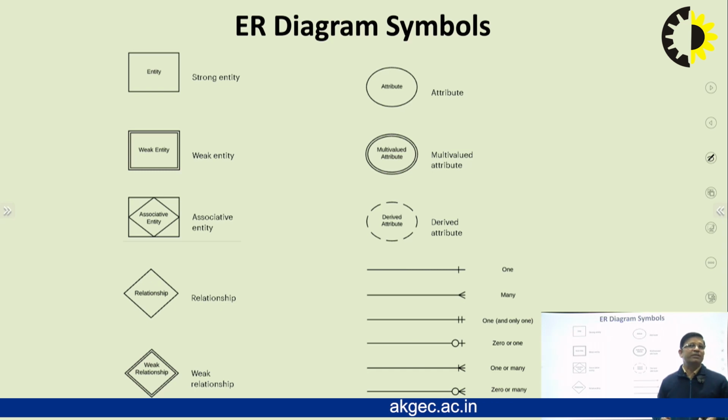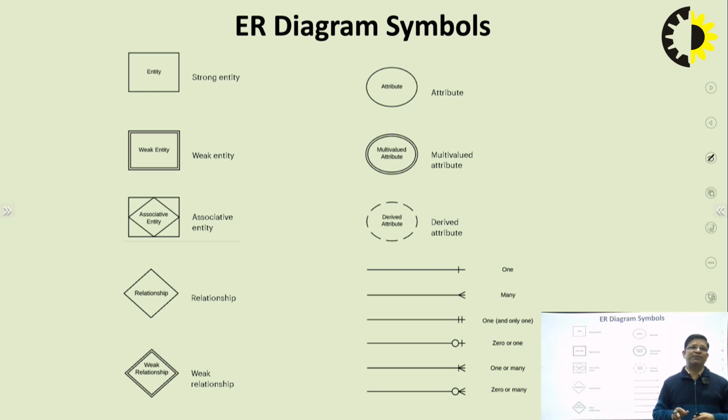So we are focusing on the ER diagram, the ER model. There are different symbols to represent the ER model, because an ER diagram is a pictorial representation of a relationship among different entities. So this is a strong entity. If we draw a rectangular box, the rectangular box represents a strong entity.